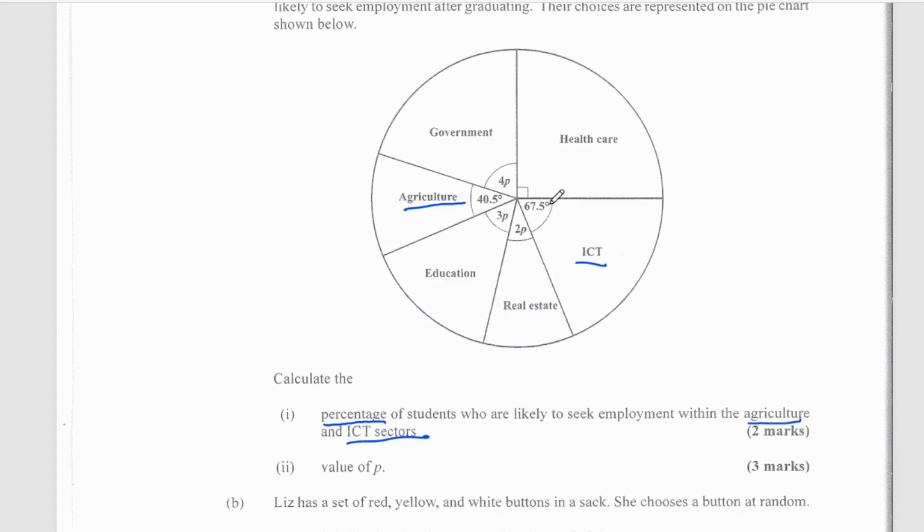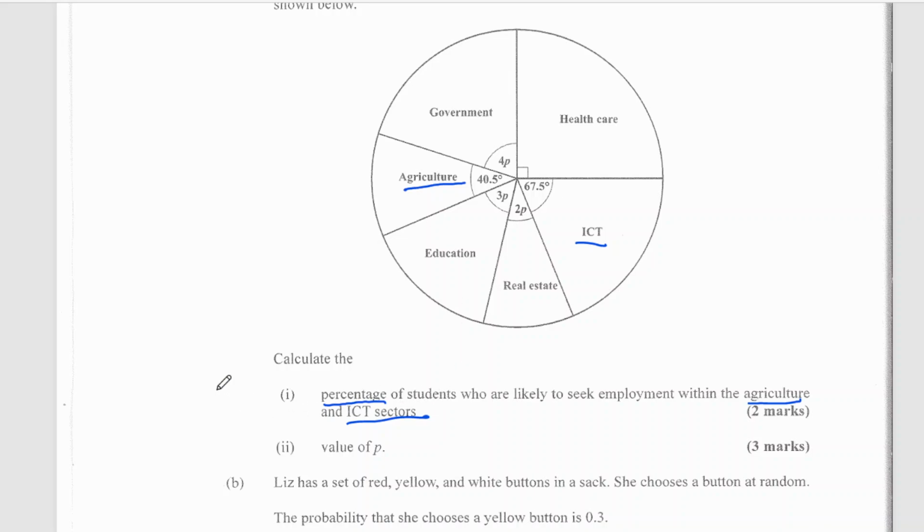That would be 108. So it is 108 over the total of the circle, which is 360, and since you want to find percent, you multiply by 100. And we will get 30%.